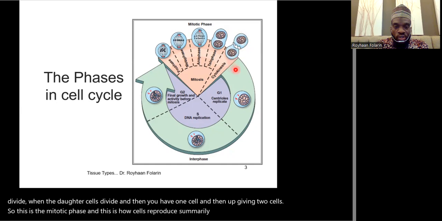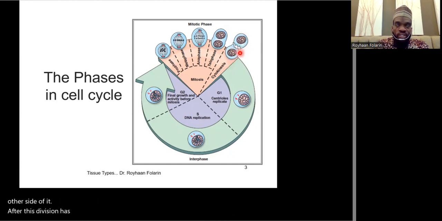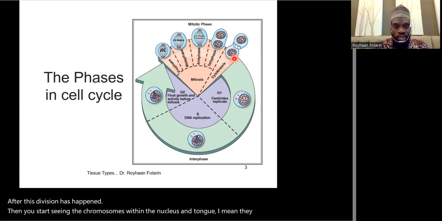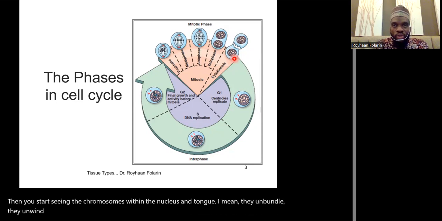What you have on the other side of it, after this division has happened, is that you start seeing the chromosomes within the nucleus unbundle, they unwind, and then they become free.